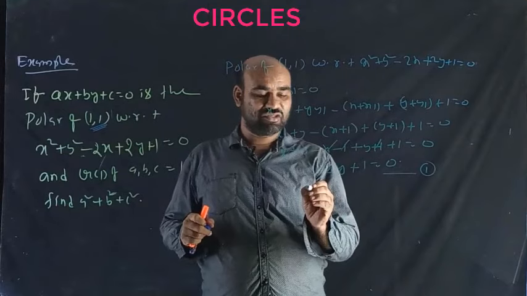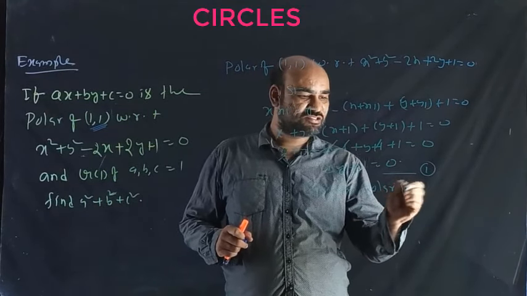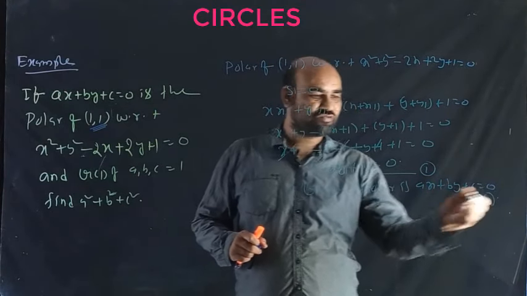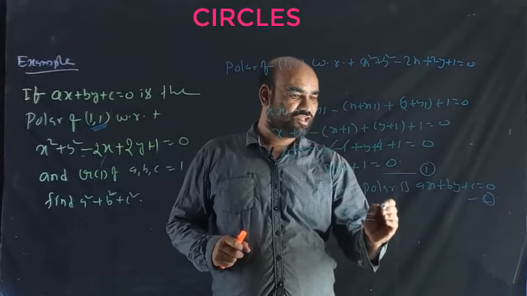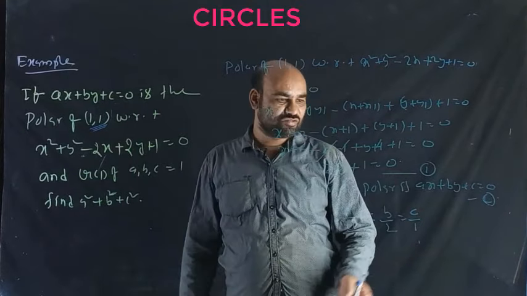Understood? So the given polar is ax plus by plus c equals 0, which means the two are identical lines, so a by 0 equals b by 2 equals c by 1. Let it be k.